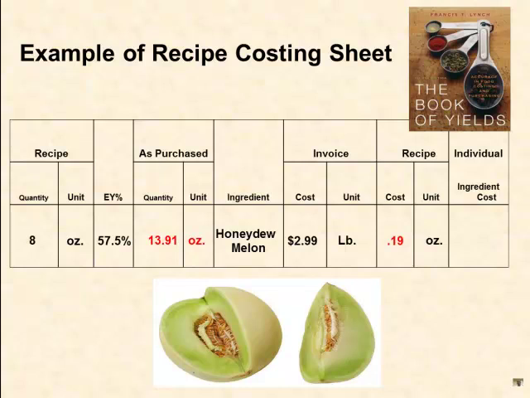Okay, so now we know it costs us 19 cents today per ounce, which is the same as $2.99 per pound for honeydew melon. But how much does it cost us?